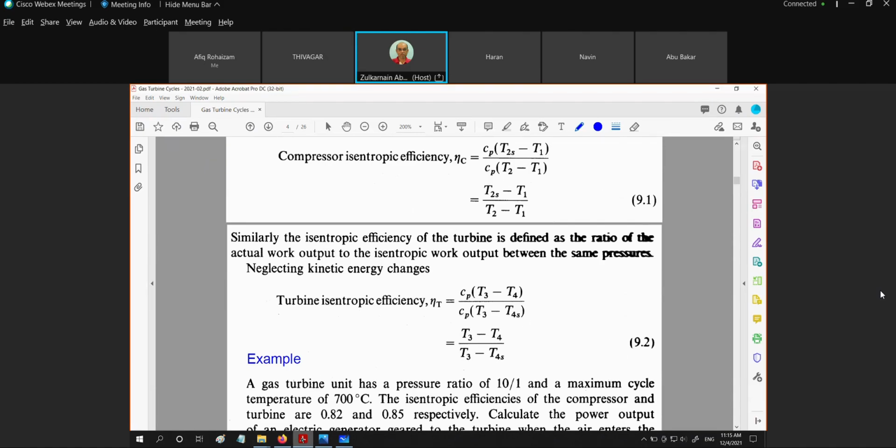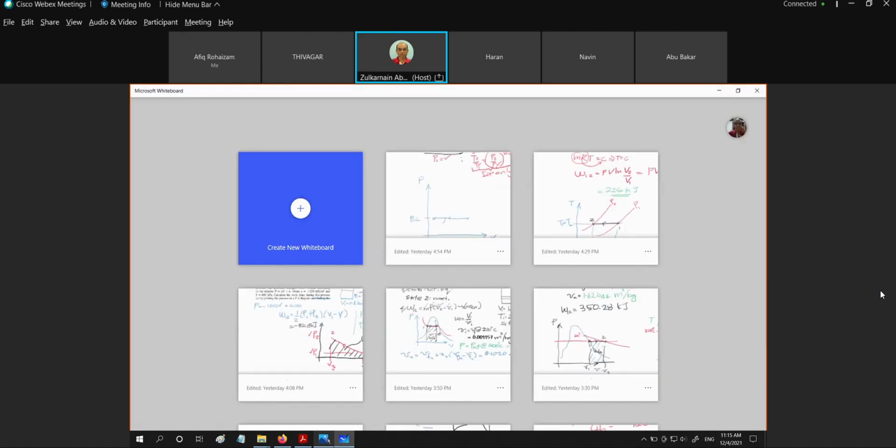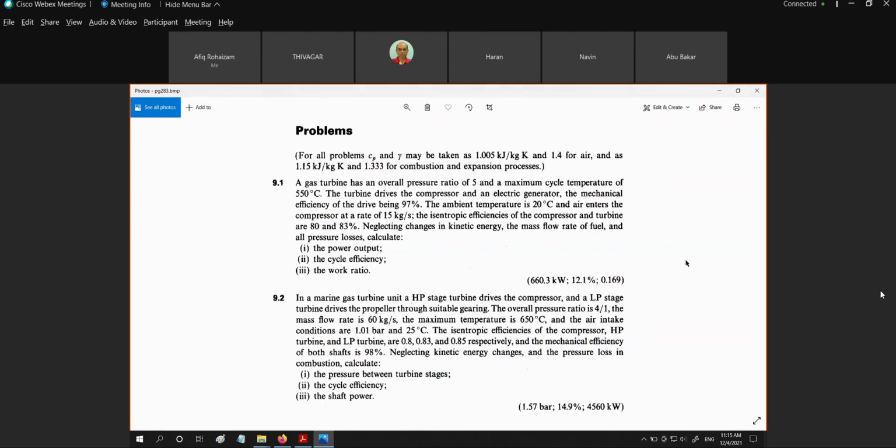Let me see. I think I have to reboot it because I need the whiteboard. Still can't access, you see? It cannot be highlighted. Okay, guys, I'm going to reboot my computer. So give me 5 minutes. Thank you. All right, Doctor.